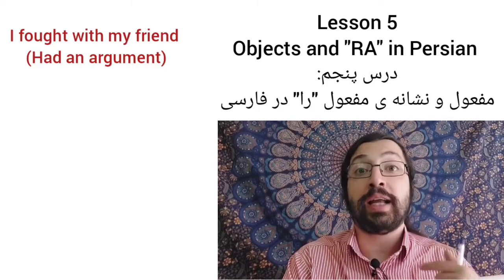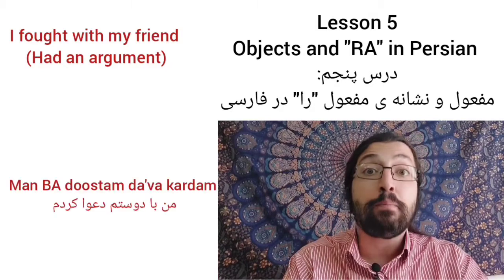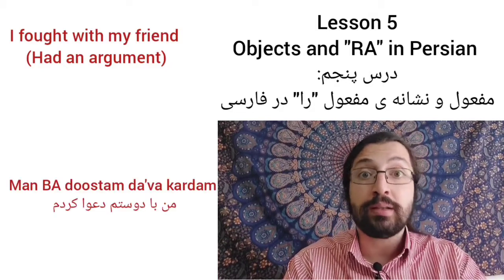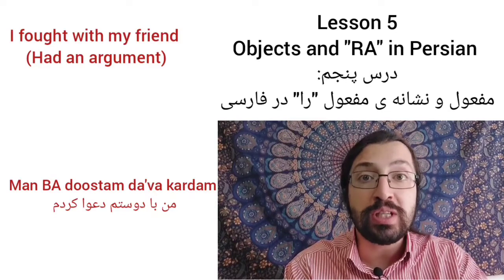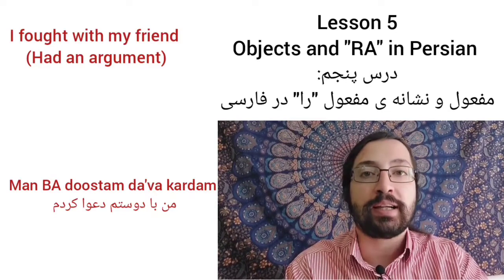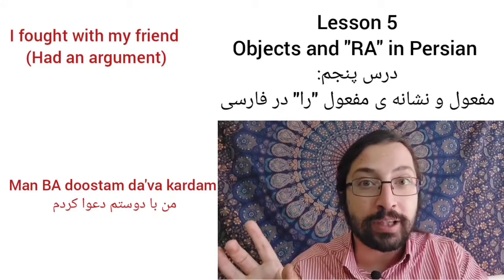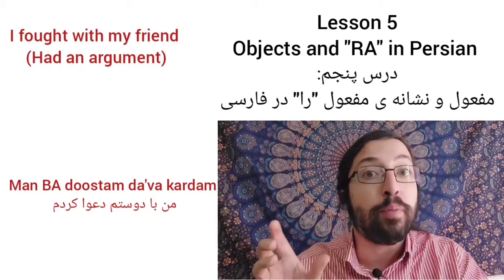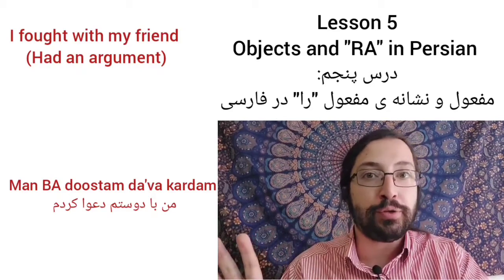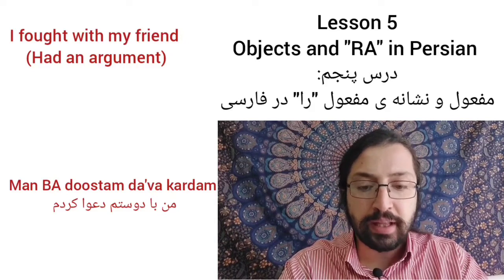So من با دوستم دعوا کردم. Again, you see, because the verb دعوا کردن needs its own preposition with ba, you don't need to use ra in this sentence, okay?